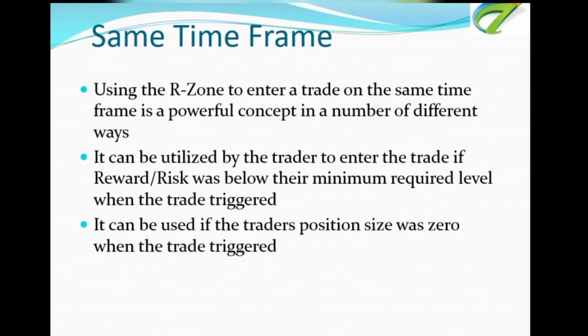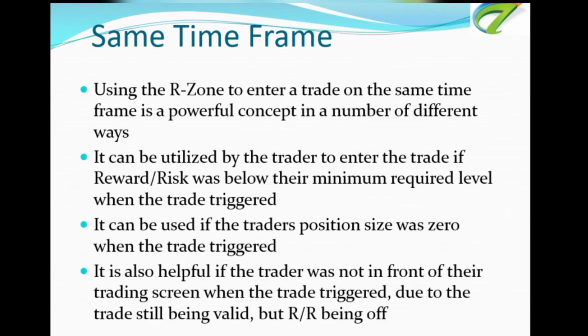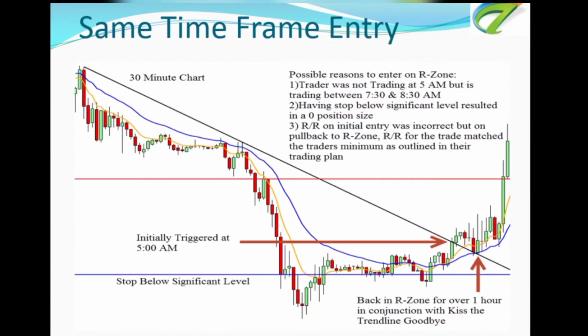It can be used if the trader's position size was 0 or less than 1 when the trade triggers. It's also helpful if the trader was not in front of their trading screen when the trade triggered as per his system, due to the trade still being valid but the reward to risk ratio being off. Here is an example.